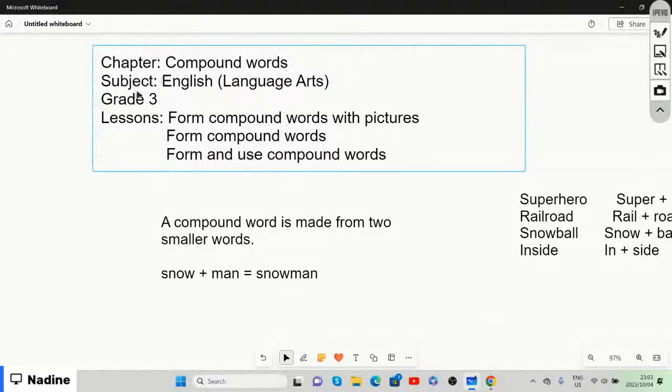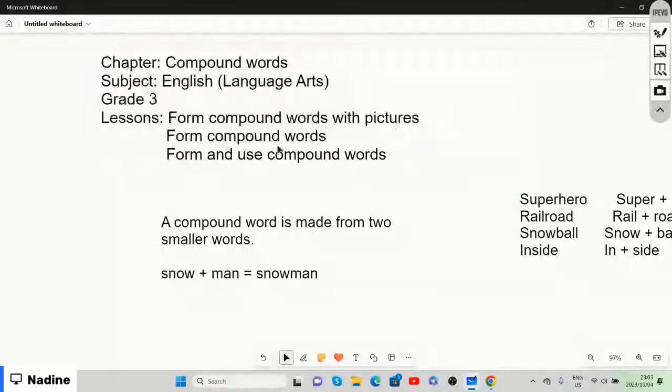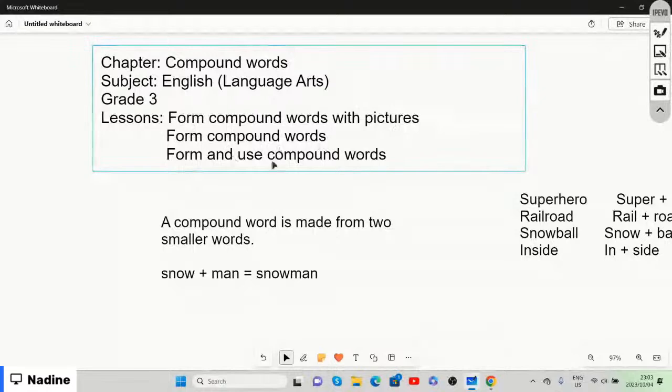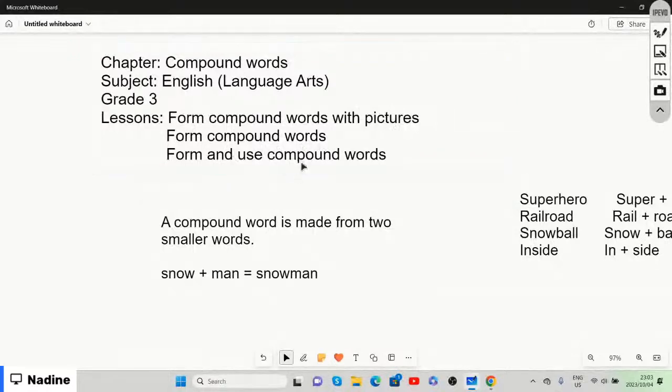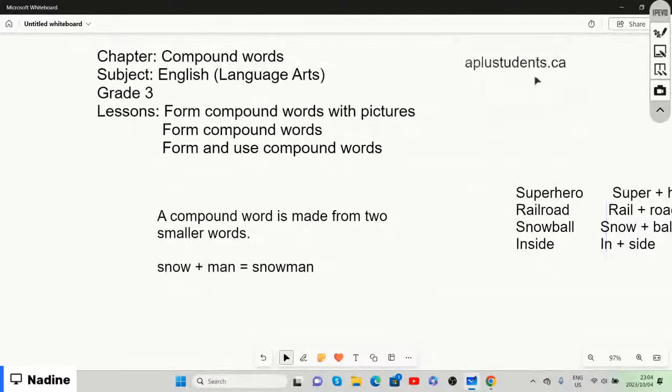We are doing grade 3, and the lessons that we are going to be focusing on today are to form compound words with pictures, form compound words, and then we're also going to form and use compound words. We are doing our lesson on aplusstudents.ca.